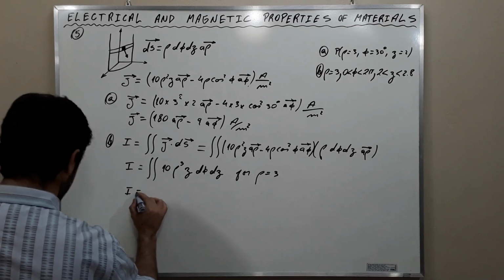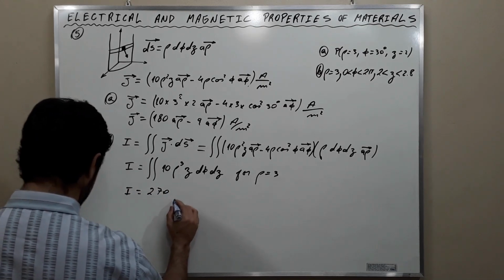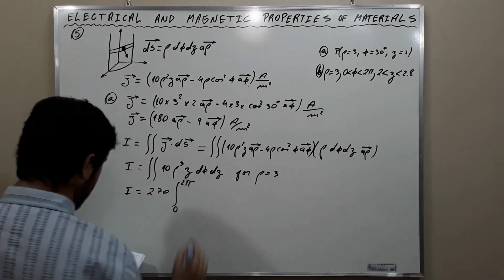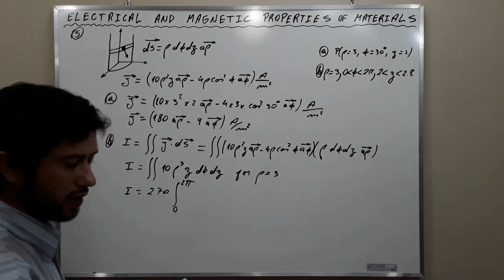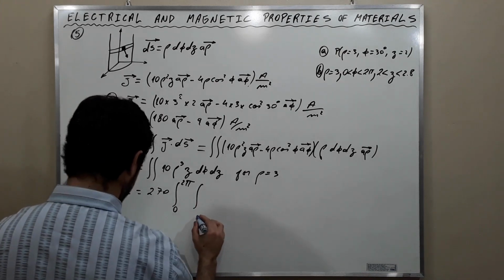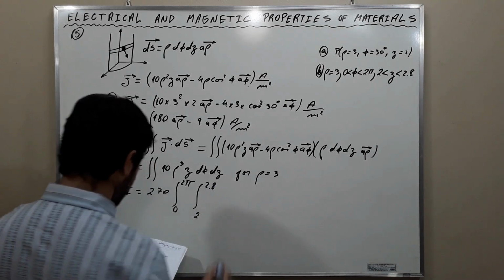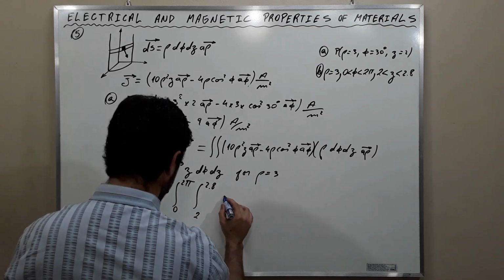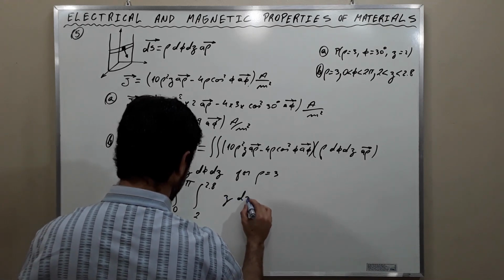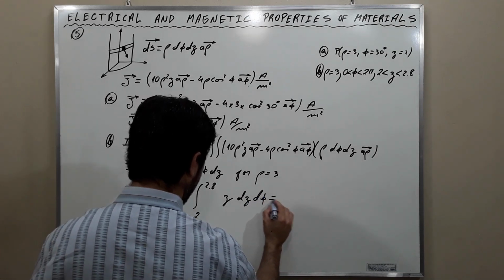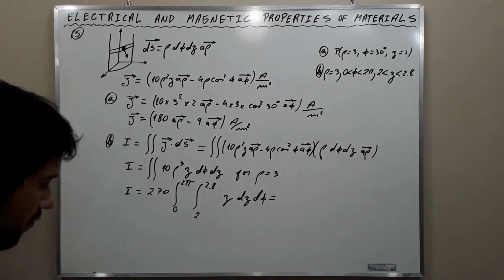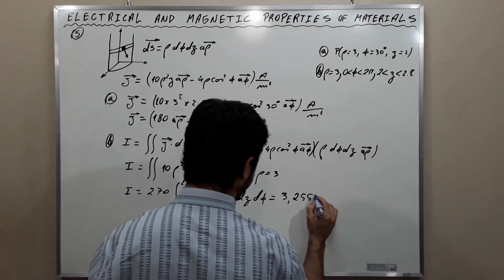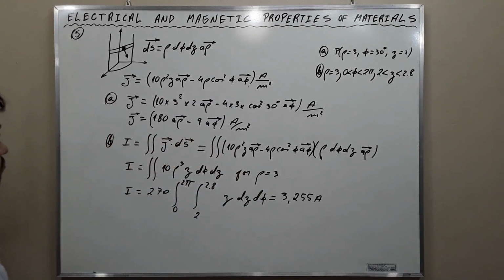I is equal to 270 times the integral from 0 to 2 pi in the phi direction, from 2 to 2.8 in the z direction, of z dz d phi, and this gives a value of 3,255 amps.